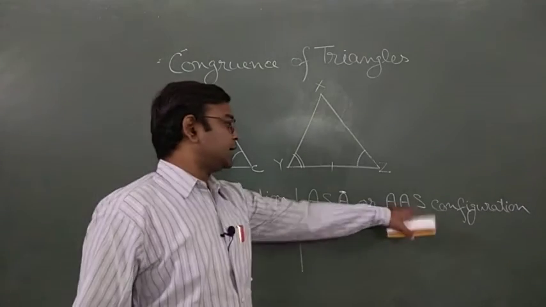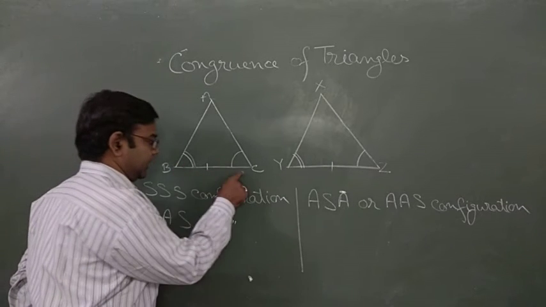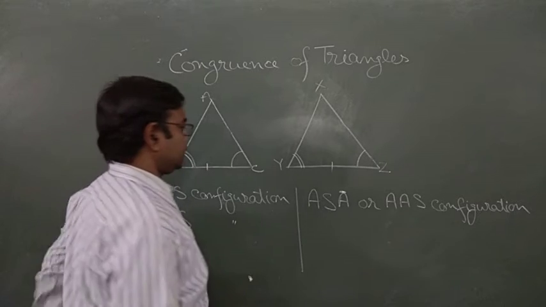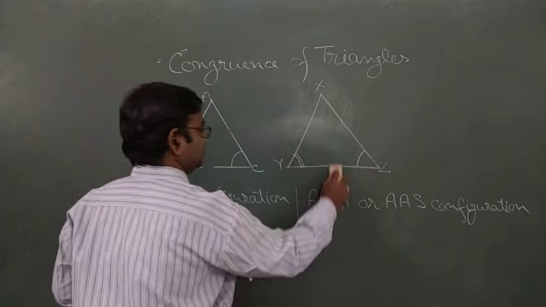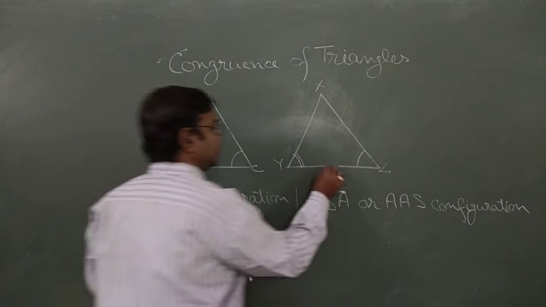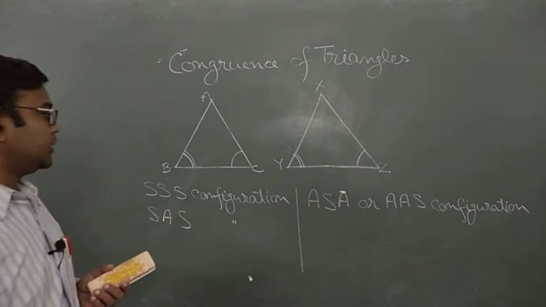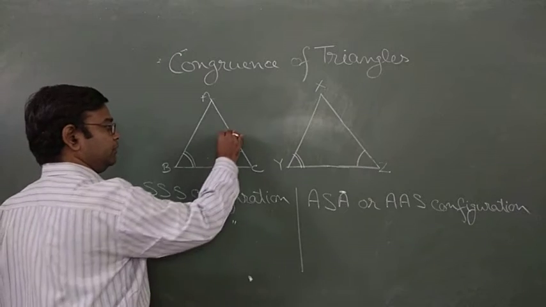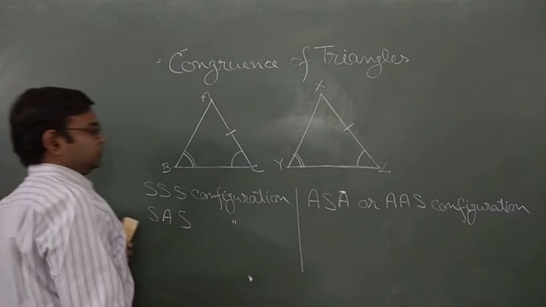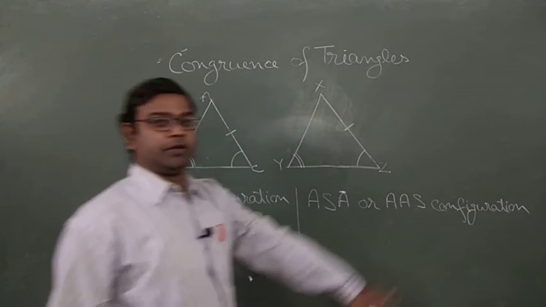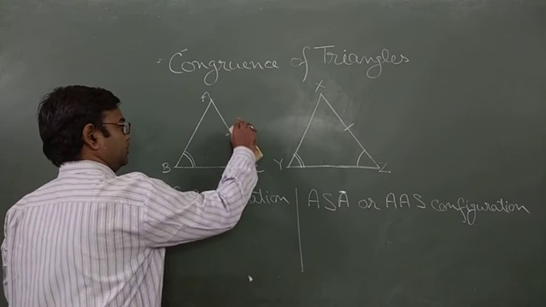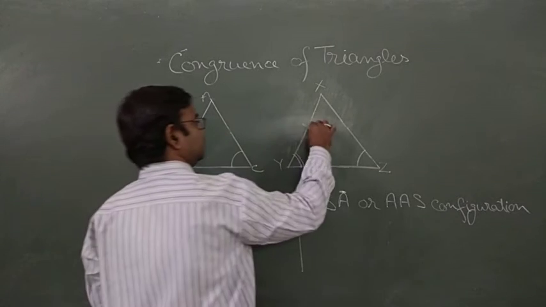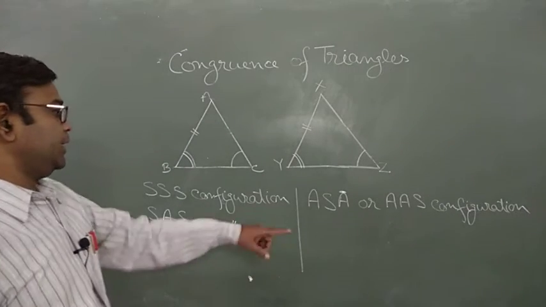But what about angle, angle, side? Angle, side, angle. So angle, angle, side. What does this signify? This signifies that if two angles are equal, likewise, and any one side opposite to any one of the angles, it may be this one or this one, then we can use the AAS configuration.